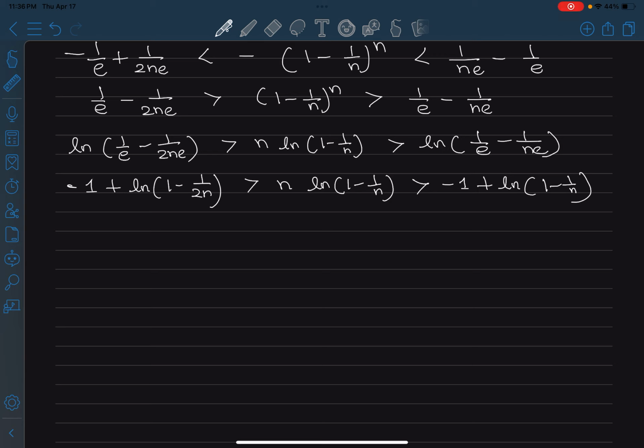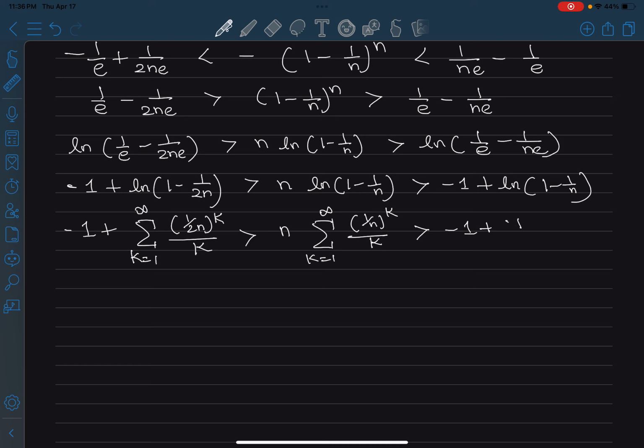So if we use that, we get -1 + sum from k = 1 to infinity of (1/(2n))^k / k is greater than, again, the sum from k = 1 to infinity of (1/n)^k / k, which is greater than -1 + the sum from k = 1 to infinity of (1/n)^k / k.